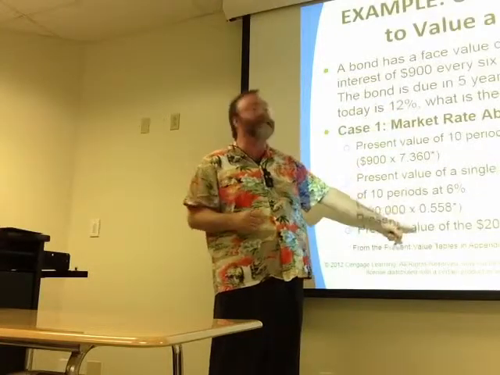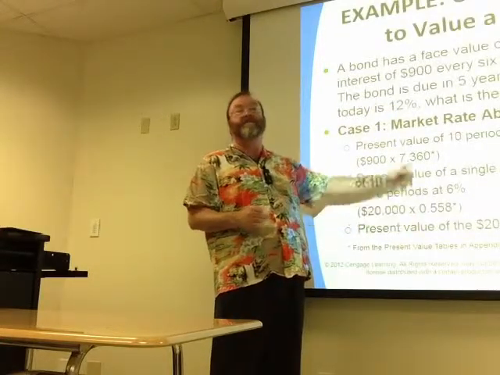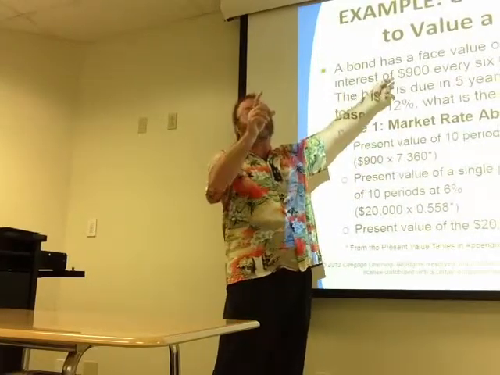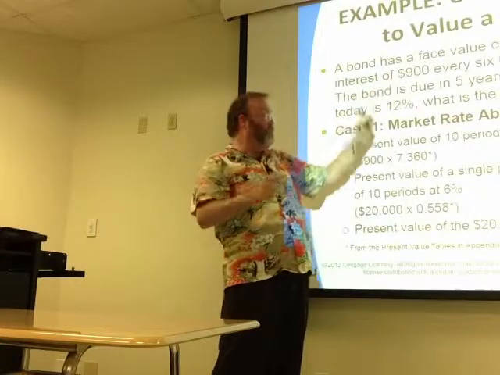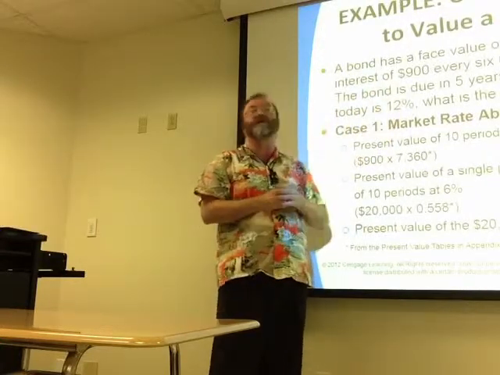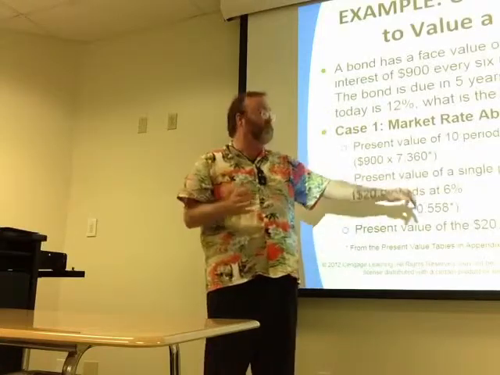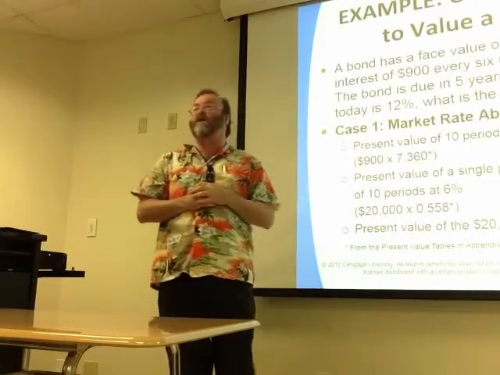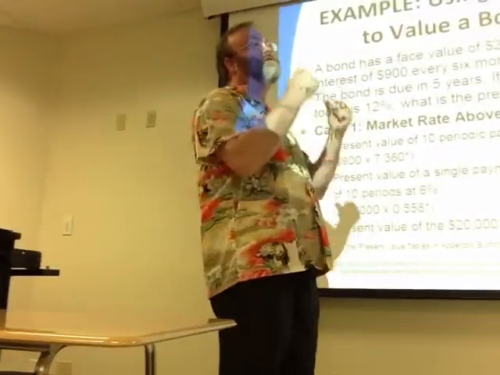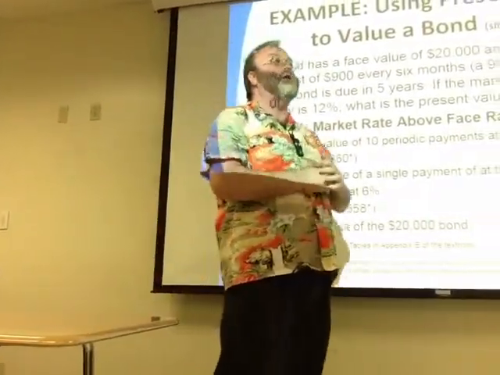So it's selling at a discount. So it's supposed to be 9. 9 is the face value. Yes. The market interest rate today is 12%. So the bond is going to sell for $17,784. You're going to buy it for less because they're not giving you enough money.